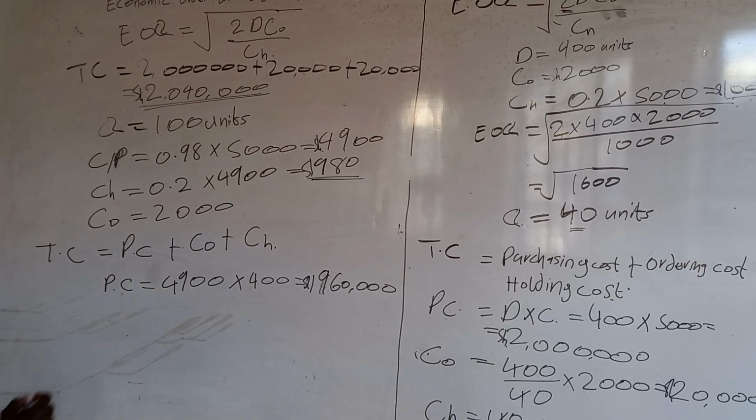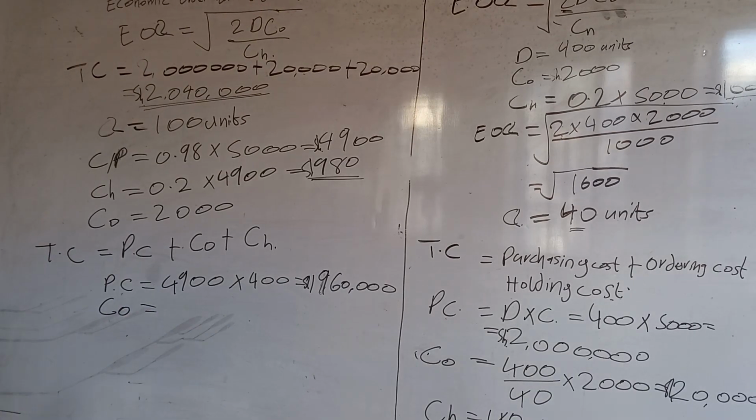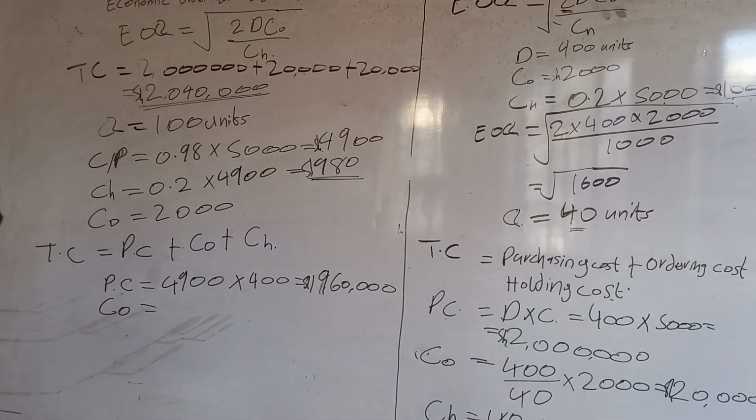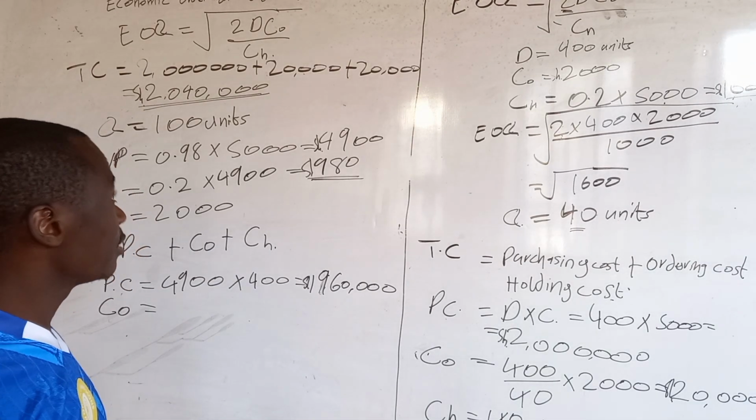Now we go to ordering cost. Ordering cost is always the number of orders made times cost per order. Here we have 100 units. How will we get the number of orders we are going to make in a year?